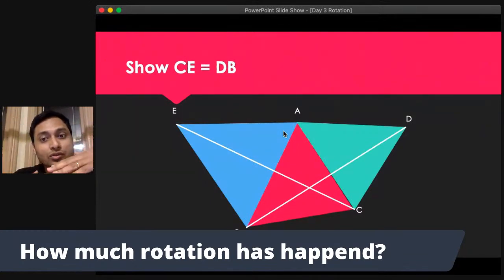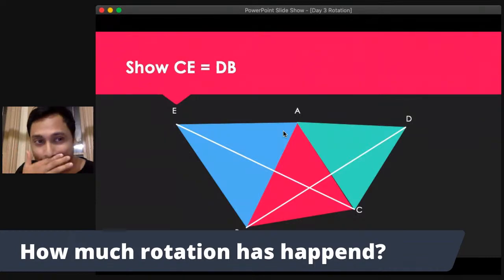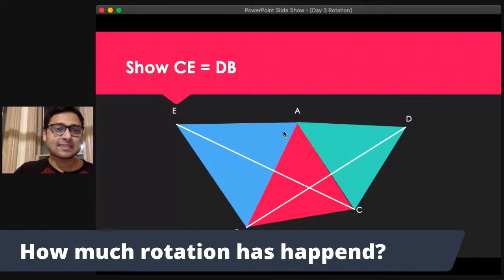We wanted to show that CE is equal to BD. How do we show it? So what we do, and this is the most interesting part, we perform something called rotation. This is the clever part.